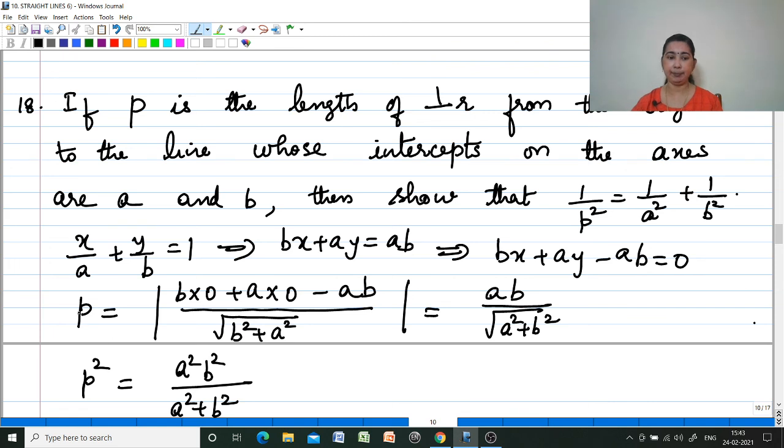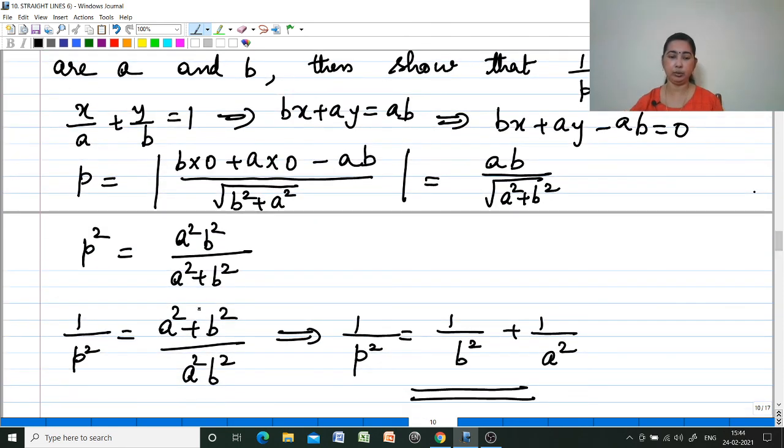P is the perpendicular from the origin to the line. So substitute 0, 0 instead of x and y, and we get the distance, and taking the reciprocal on both sides we get 1 by p square is equal to 1 by b square plus 1 by a square. So, that is all in that exercise.